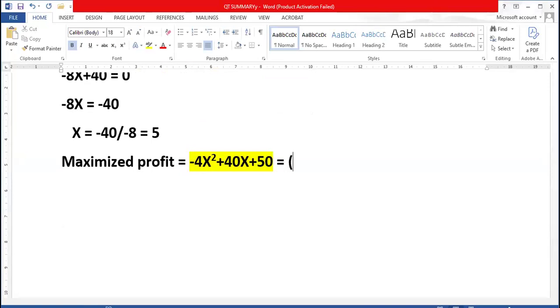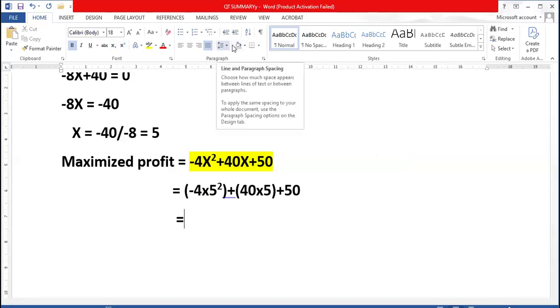So it will be negative 4 times 5 squared, the 5 is the one that is squared, then plus 40 times 5 plus 50. What do you get? I'm waiting for you. Put some speed, we need to do more.